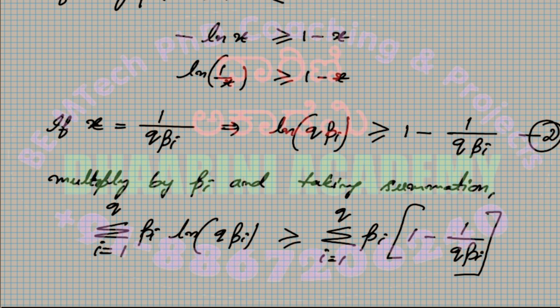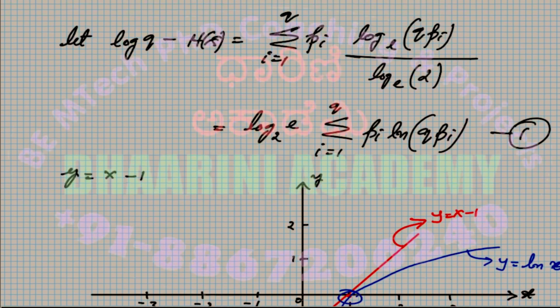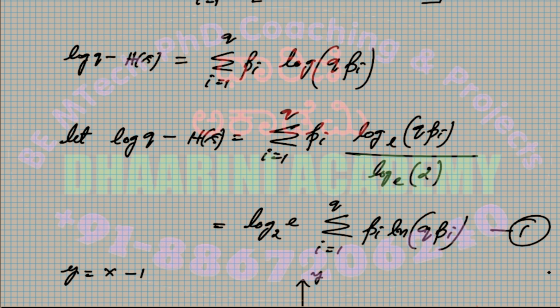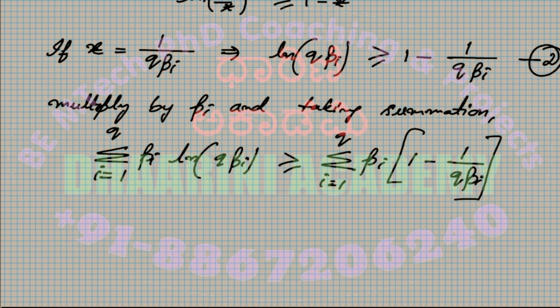Now what I do, I multiply both sides by log to the base 2 of e, because I'm trying to compare this with, right, this is what I want to bring. Okay, so I need a log to the base 2 of e, right?